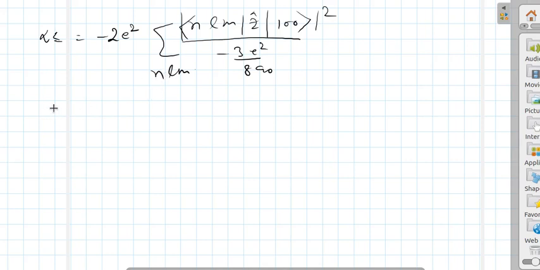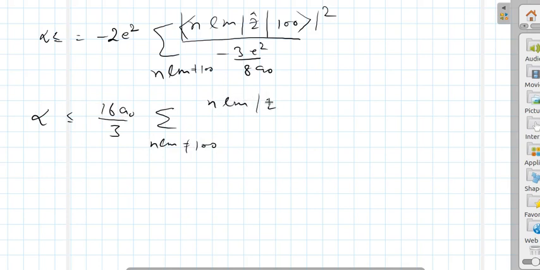So that means I can say that alpha is less than or equal to 16 by a naught by 3 summation NLM not equal to 100, NLM Z 100 mod square. Now I have to calculate this value, what is its value.